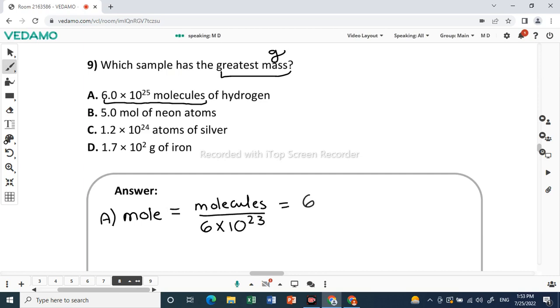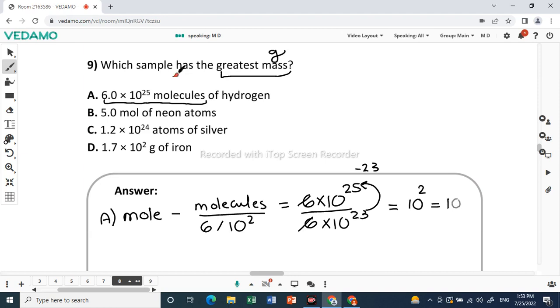Your molecules is 6 times 10 to the power of 25 divided over 6 times 10 to the power of 23. 6 and 6 together, taking the power above. So this will become a negative 23. So it will become 10 to the power of 2, which is equal to 100 mole number.